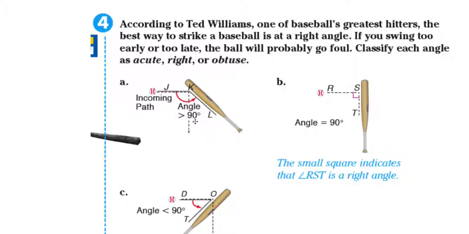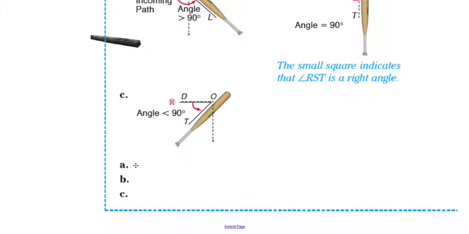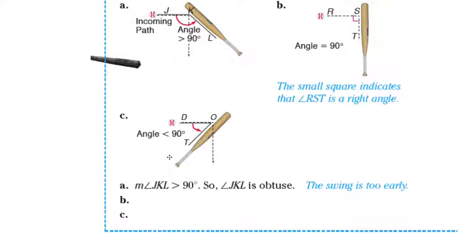So in letter A, it's greater than 90 degrees but less than 180 degrees, so the measure of angle JKL is greater than 90 degrees, so angle JKL is obtuse. The swing will be too early. That's definitely a foul ball.